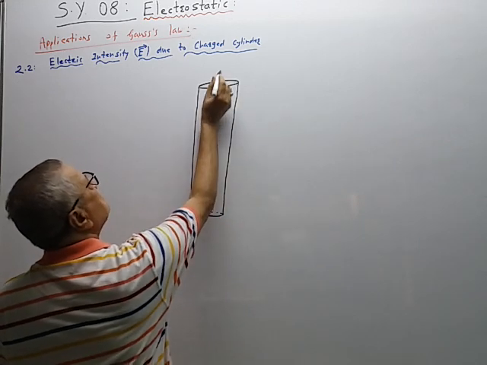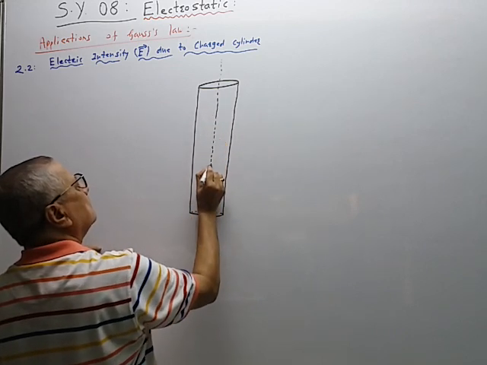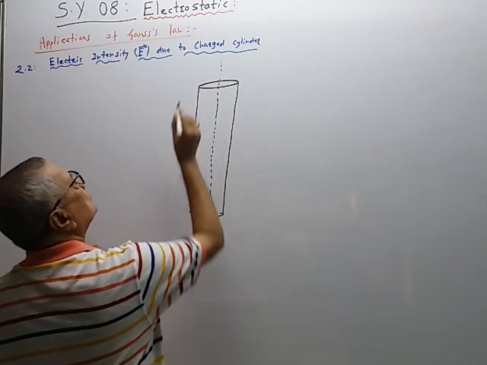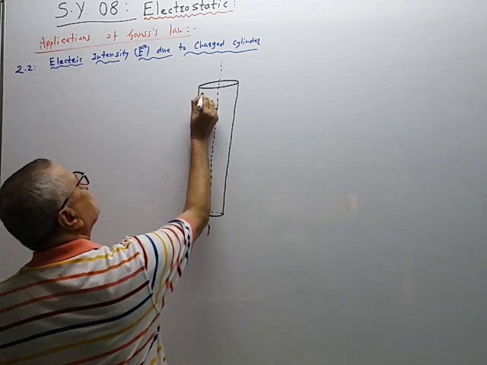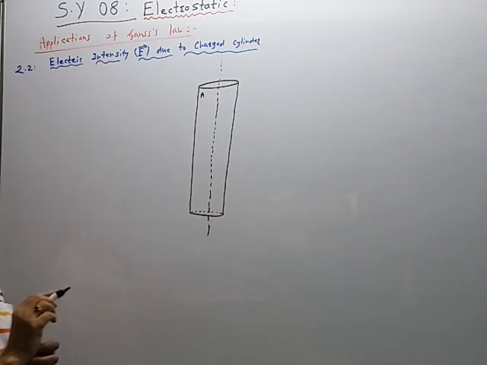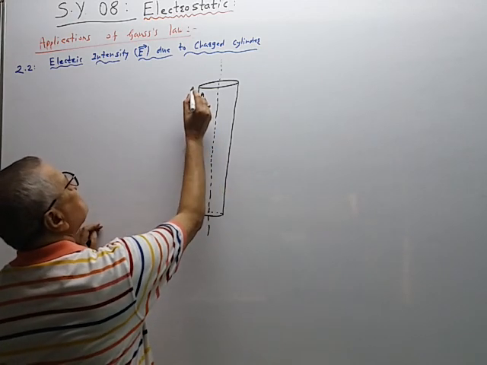This is the axis of symmetry. So this is cylinder A. So A is given positive charge by this electrophorus.